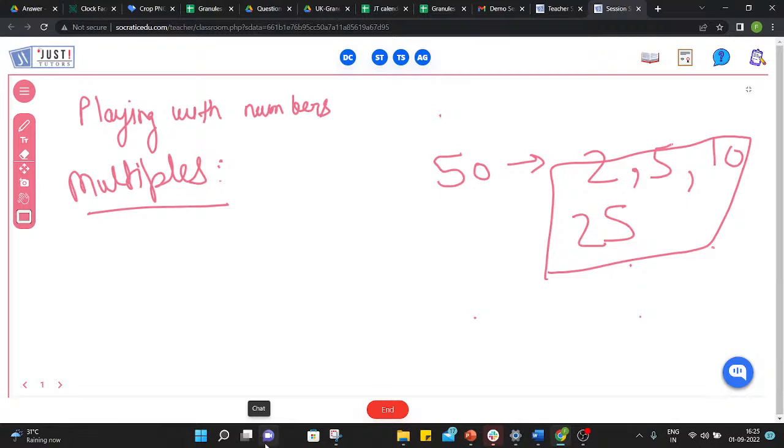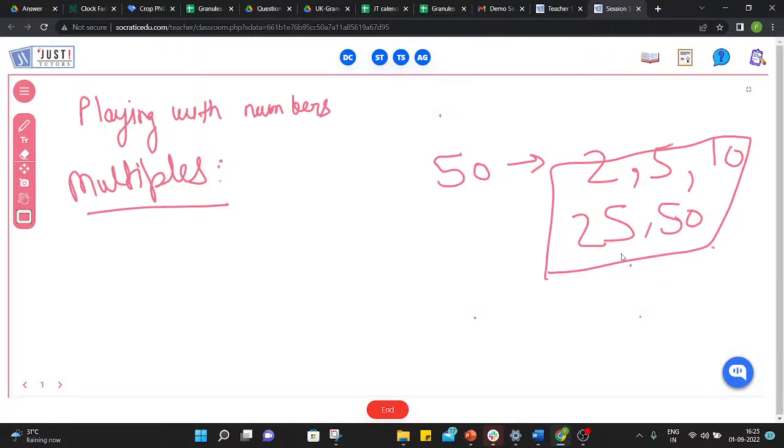Now one very important thing that I want to tell you. Can a number be a multiple of itself?